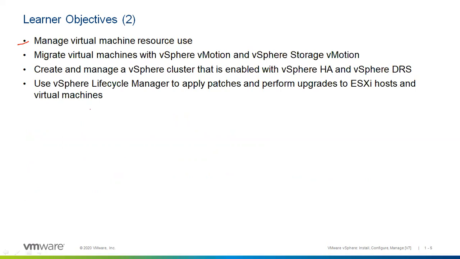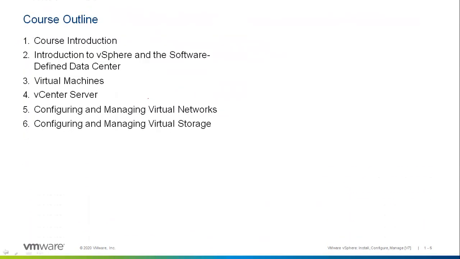When we say resources, it means CPU, memory, disk, storage, and all. Migrate virtual machines, meaning movement of virtual machines from one server to another, vSphere cluster, patching, update, and deployment using vSphere Lifecycle Manager.